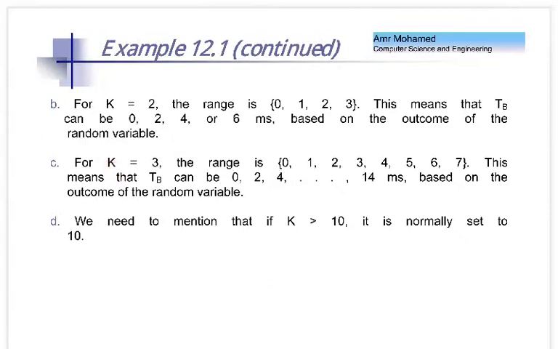When k is equal to 3, the range becomes 0, 1, 2, all the way to 7, which is 2 to the power k minus 1. We also have to be aware that the maximum value for k is 10. If k is more than 10, we keep it at 10. So the range becomes from 0 to 1023, because 2 to the power 10 is 1024.